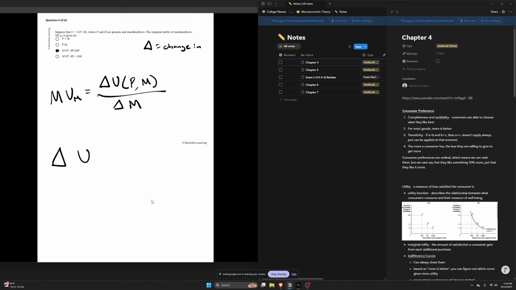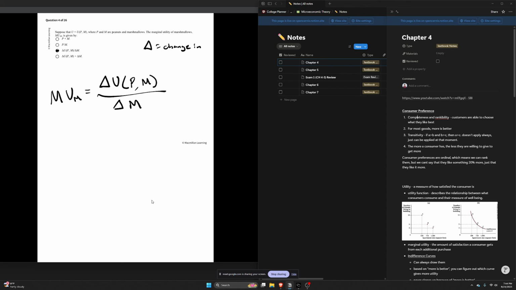So marginal is like how much you get from like doing one more, and delta is the same as saying change in. So like if I went from 8 to 10, then the delta would be 2. And marginal is just how much you get from doing one more.